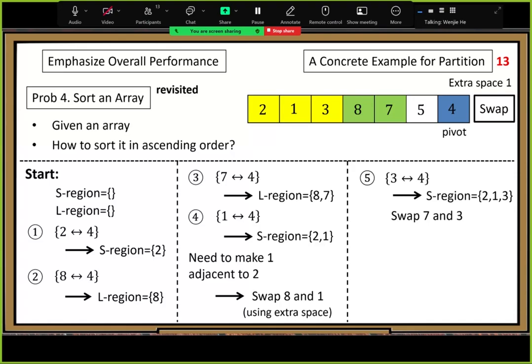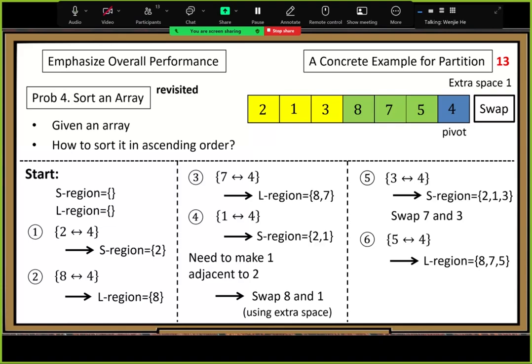All right, the last element, 5. Compare 5 and 4. 5 is greater than 4, so we should put it in the L region in green color. No swap for it, because the elements in the green region automatically take consecutive locations.